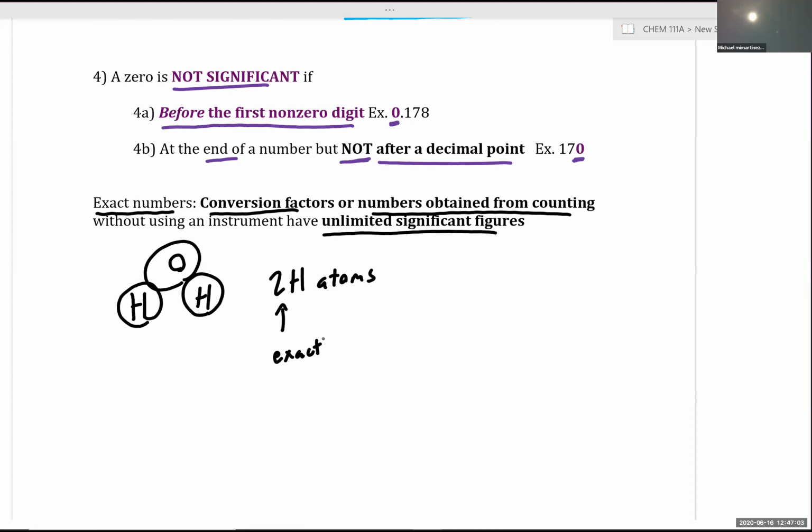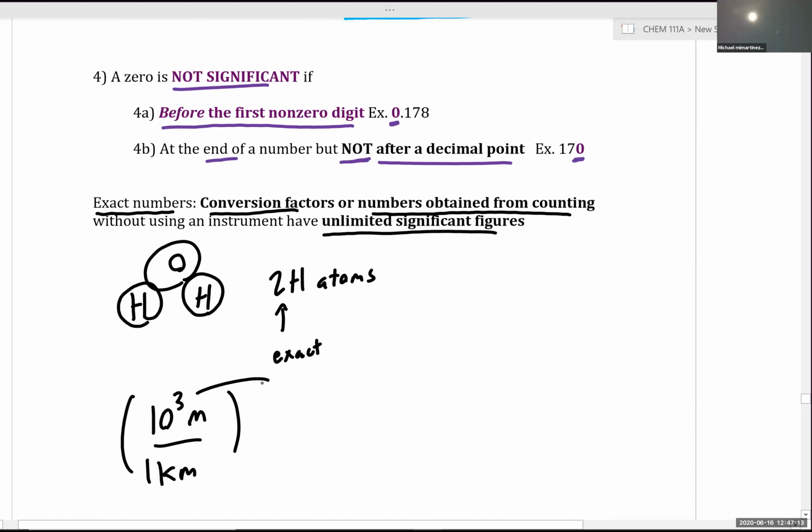Another example of an exact number is 10 to the third meters per kilometer. So this conversion factor has unlimited sig figs. Your conversion factors will never constrain the accuracy of your reported values from calculations.